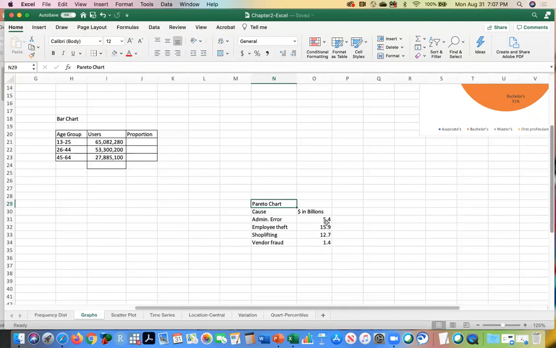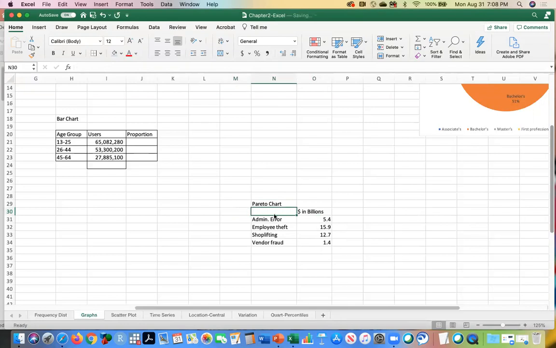So when you analyze the financial statements of your company, you realize that those are the main issues that are affecting the company.